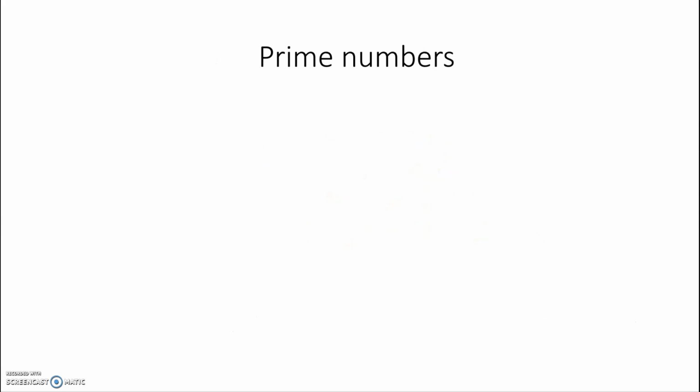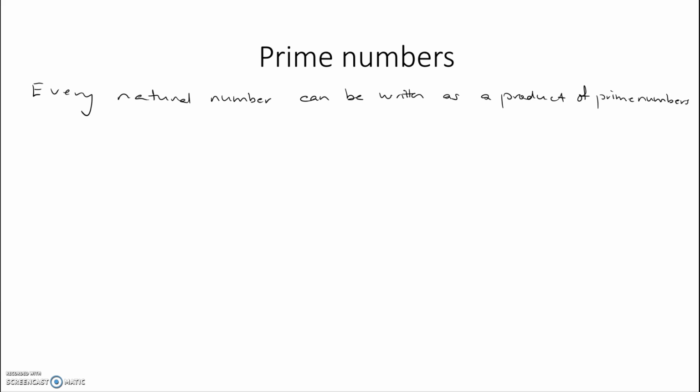Now the big thing about prime numbers is that every natural number can be written as the product of prime numbers. For example, 126 has a whole list of factors.